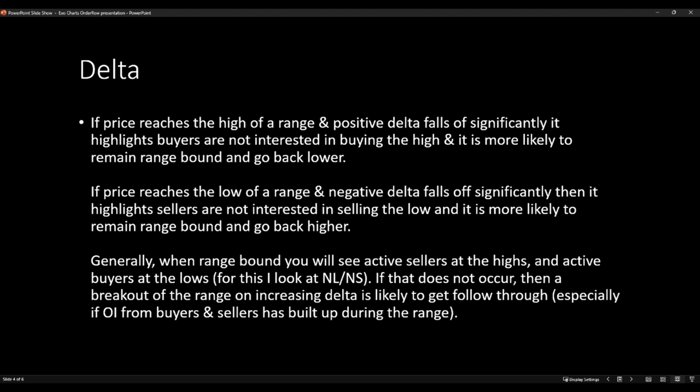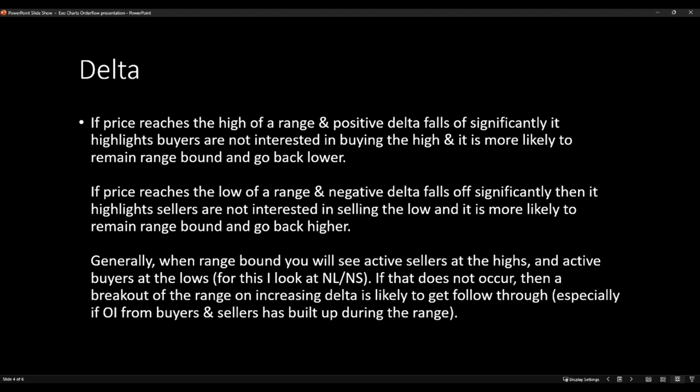Okay, let's continue. So generally, when range bound, you will see active sellers at the highs and active buyers at the lows. For this, I look at the net longs and net shorts just to see what kind of activity we've got going on. If price is coming down and we're at the lows, but we're starting to see that net shorts are starting to close, then that tells you that there's no interest down here.